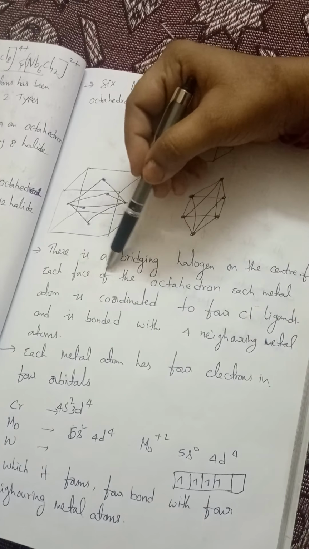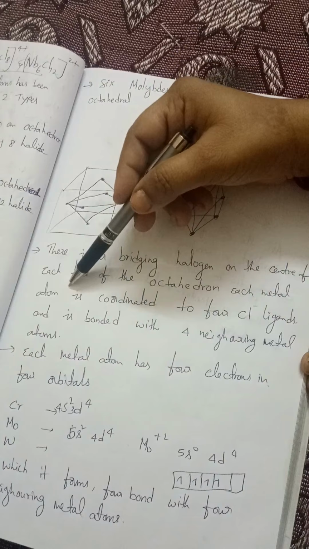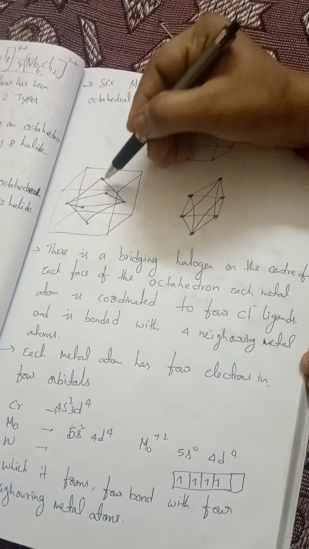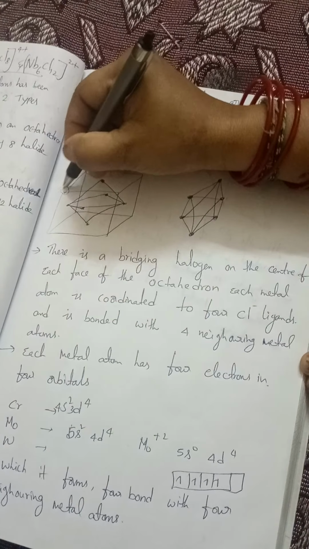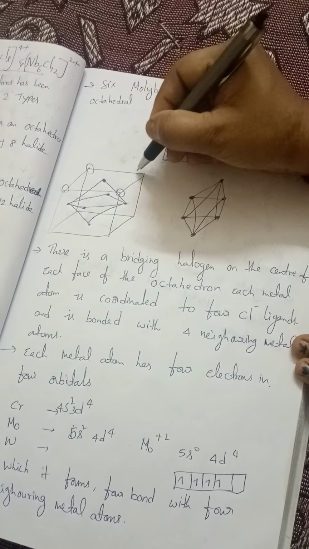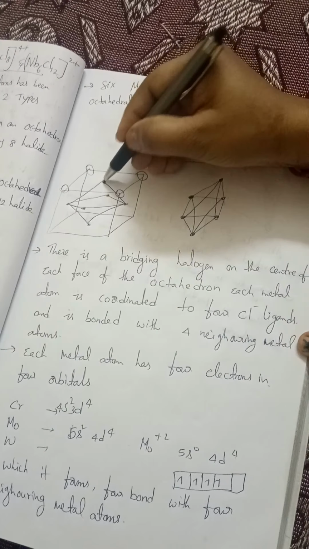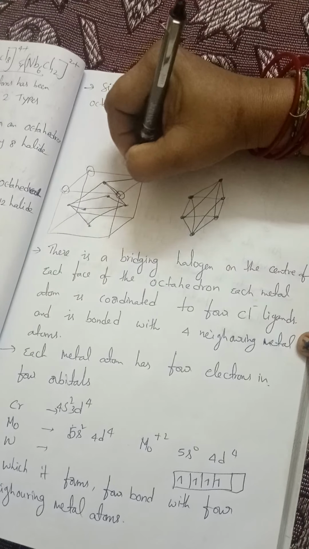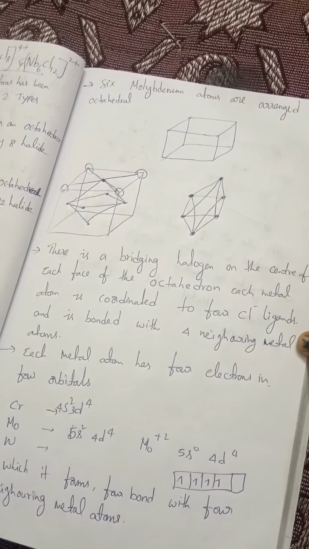Each metal atom is coordinated with 4 chloride atoms. This is the metal atom, and these are the chlorides. You already know the corners of the cube are chlorides. So this metal atom is attached to chloride 1, 2, 3, 4. All the clusters are arranged like this.